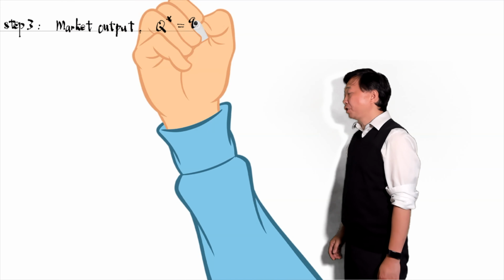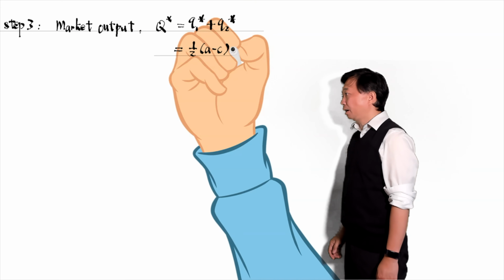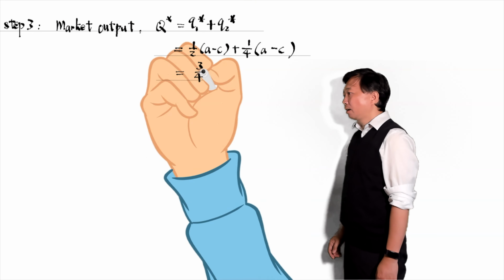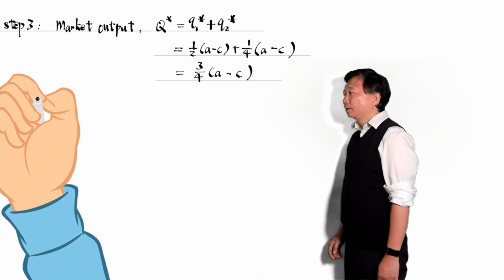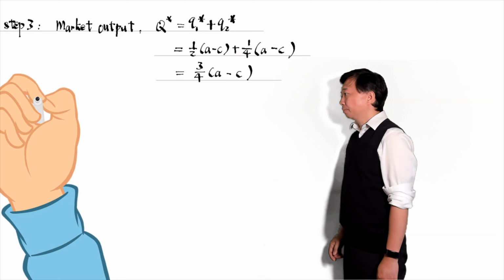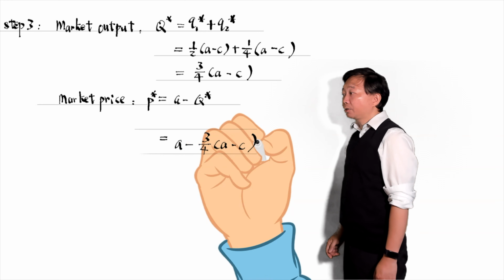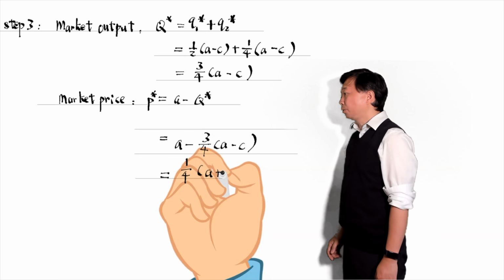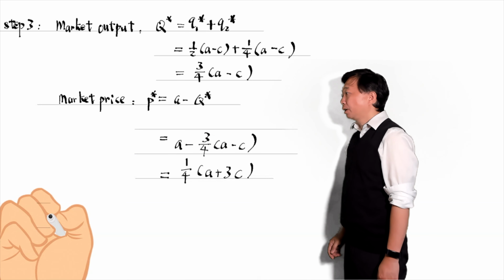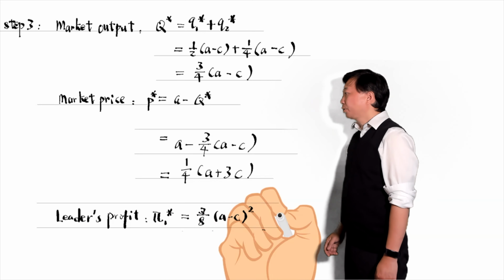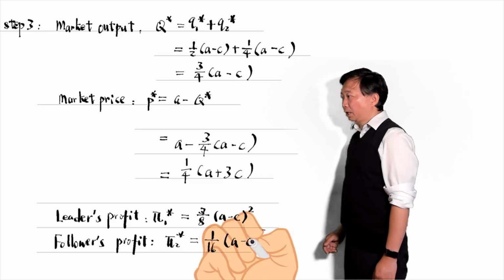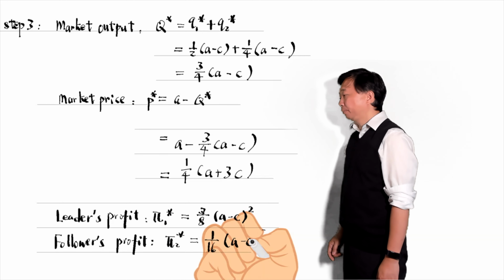Now we have the two oligopoly firms' equilibrium quantities, so we can calculate the market output. It is the sum of them. It is equal to 3/4 times (A minus C). The market price can be found from the inverse demand function. It is equal to 1/4 times (A plus 3C). We could also compute the profits for the leader firm and the follower firm.